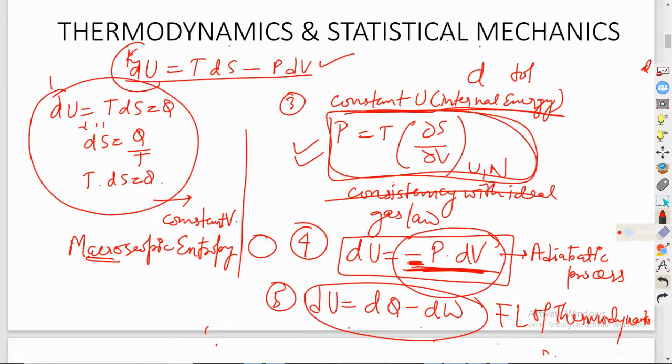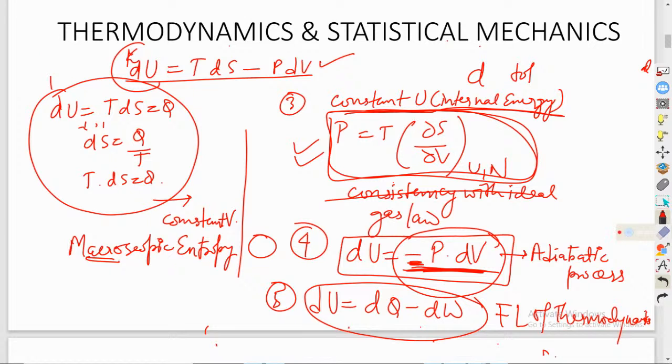So these are the standard equations which give you a clear idea of how to treat them on the basis of constant U, V and other factors. Okay. I do not think there is any ambiguity in this entire set of equations which we derived here in thermodynamics.